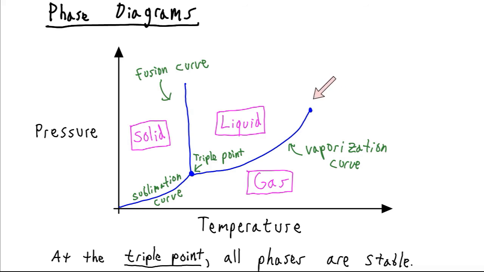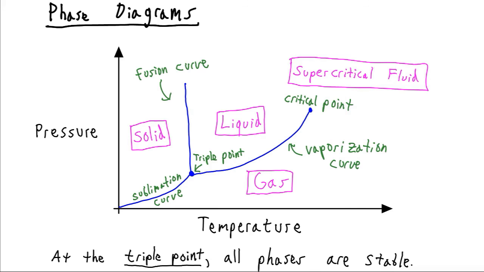So this cutoff point right here, this is called the critical point. And this region up here is called a supercritical fluid. Now this is a phase in between liquid and gas phases, which has properties of both.